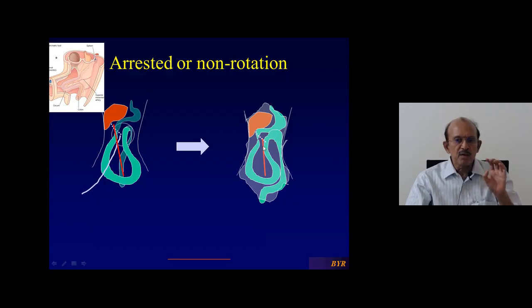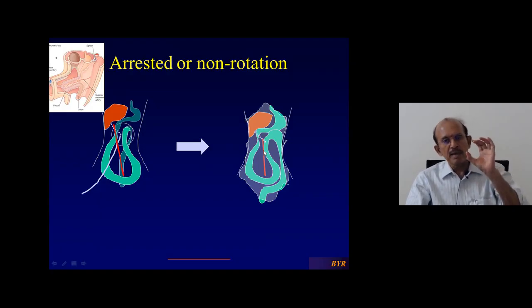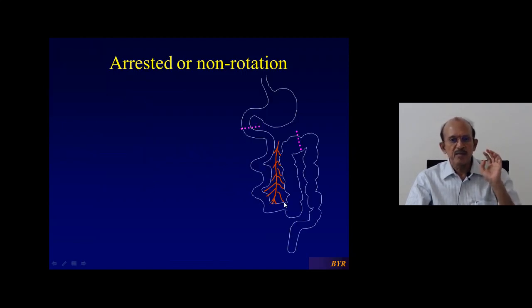So this type of arrangement will be there in the abdominal cavity. This is called arrested or non-rotation. So whenever the umbilical opening is very large, the whole midgut loop just reduces inside without following an orderly retreat. So this will be like this in the adult.